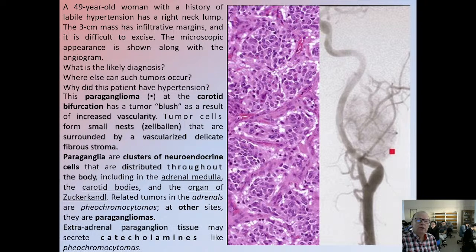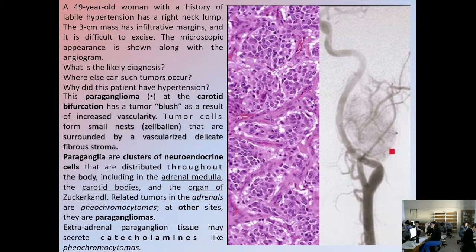And of course, they can secrete catecholamines, especially when located in their typical anatomic location, meaning the adrenal gland medulla. What symptoms will they cause to the patient? Since they secrete catecholamines and enter the circulation, which is the main symptom a pheochromocytoma causes?